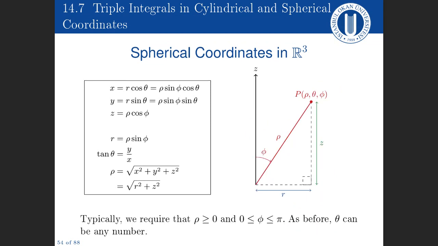Okay, so before we had x was r cos theta and y is r sin theta. But what is r? Look at this picture. In this triangle, this angle is also phi. So we can see that r must be rho sin phi.